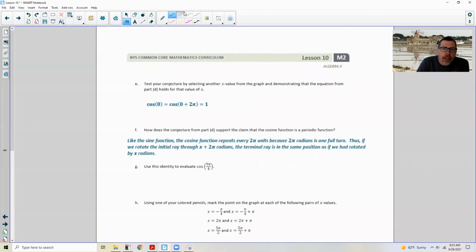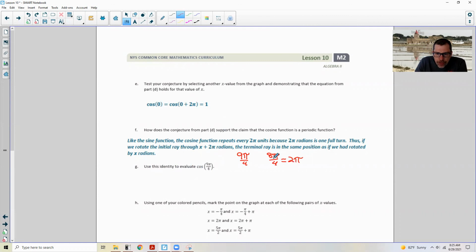Okay, so cosine of 9 pi over 4. Remember, the identity says, right here, add 2 pi, it's going to equal the same thing. So I want to say that 9 pi over 4 is some multiple of 4. Well, 8 pi over 4 equals 2 pi.